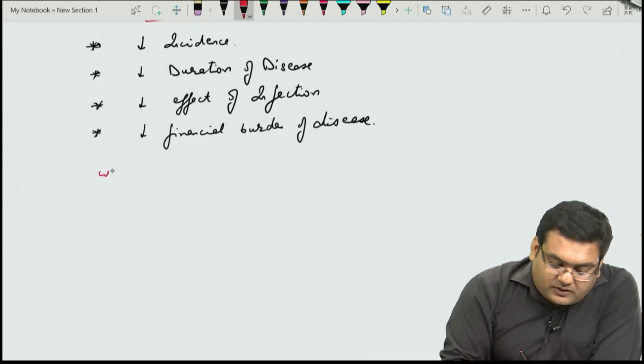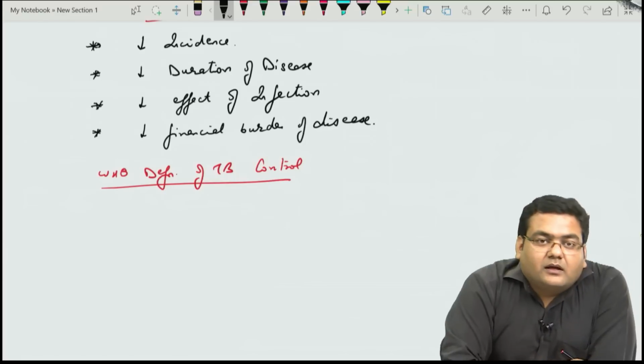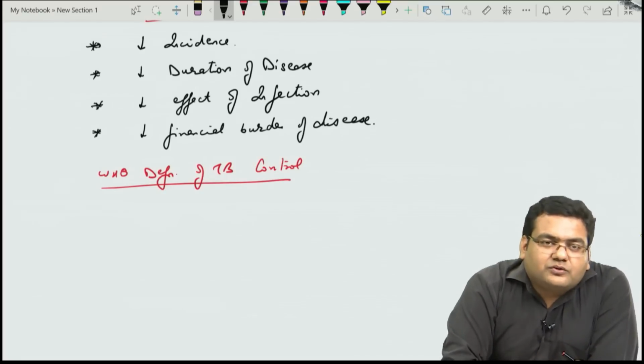Now, the WHO definition of TB control. What parameter is used to define it?